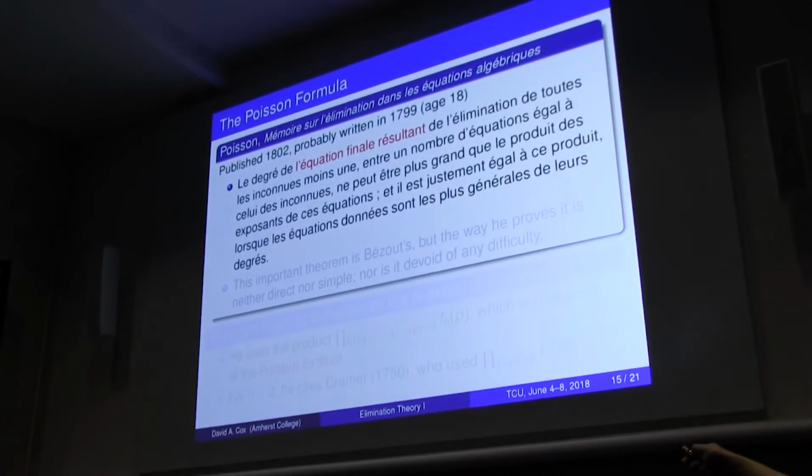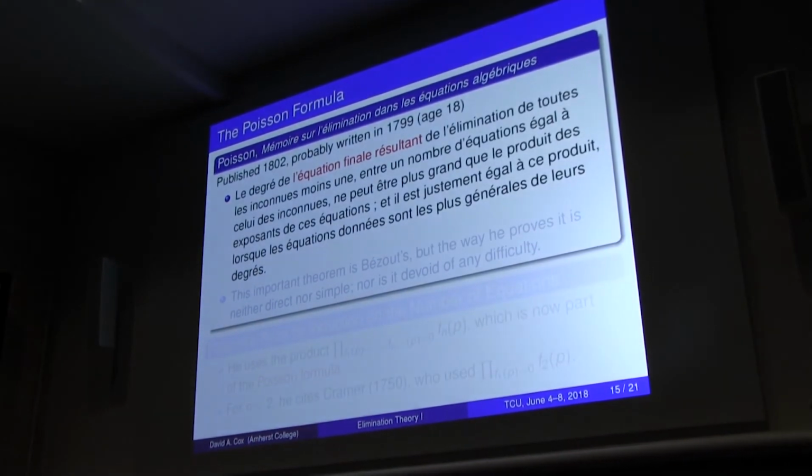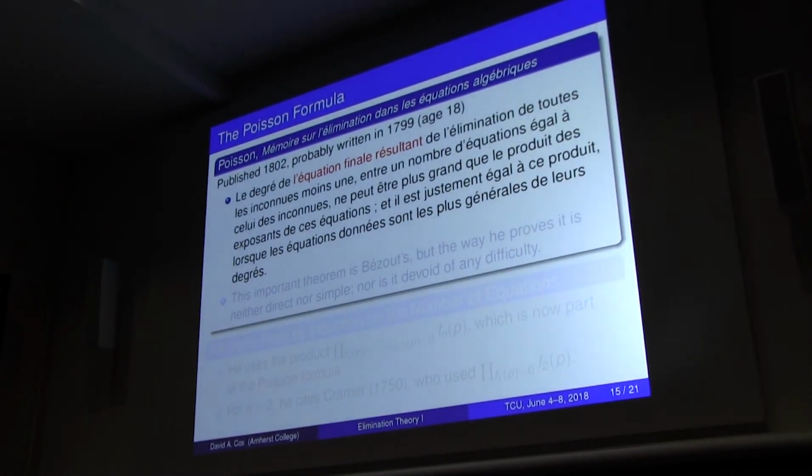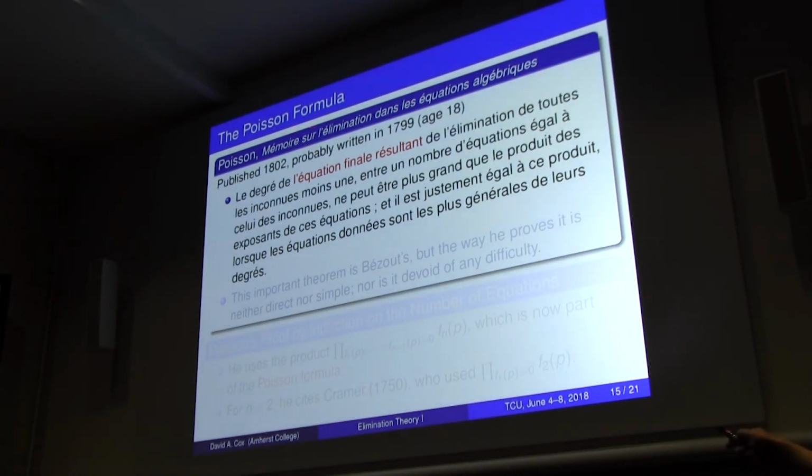So here's the French. And notice that in his language, he sort of uses a mix of the language of Cramer and Bezout, because Cramer talked about the final equation, Bezout talked about the resultant equation, so he's sort of trying to cover his bases and not offend anybody, and uses both.